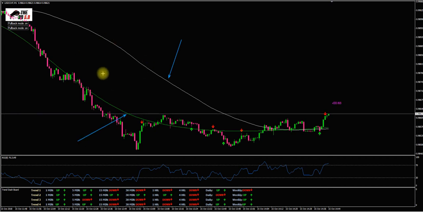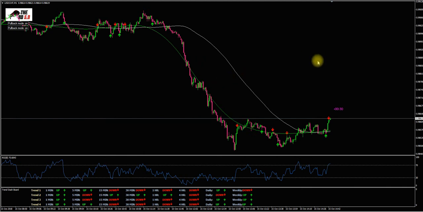We're looking for gaps and spaces in between the move. When you see the two price lines getting closer and closer together, this normally symbolizes a trend change.